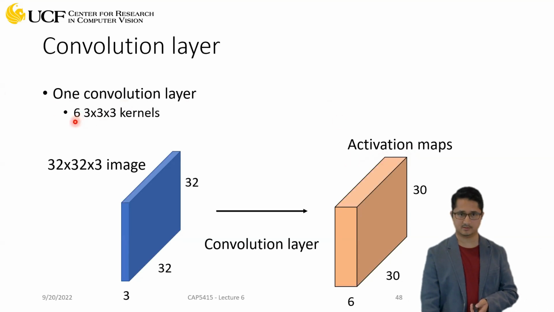Because one kernel is going to give you one activation map, 6 will give you 6. And that's why the depth of this activation map is 6. And don't worry about 30 and 30. We'll talk about how we got from 32 to 30, but do try to understand how we got this 6. The 6 is a result of how many kernels we have. So if we would use 60 kernels, the depth of this activation map will be 60. Okay, so that's one important thing.